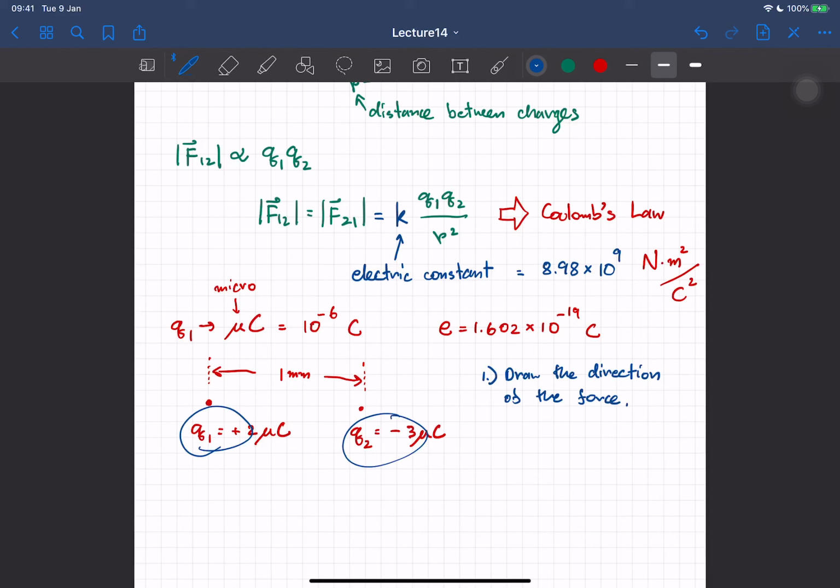If they are the same, they repel. If they are opposite, they attract each other. In this case, they attract each other because one is positive, the other one is negative. So we know right away that the force on Q1 will be pointing this way because they attract each other, and the force on Q2 will be pointing that way.